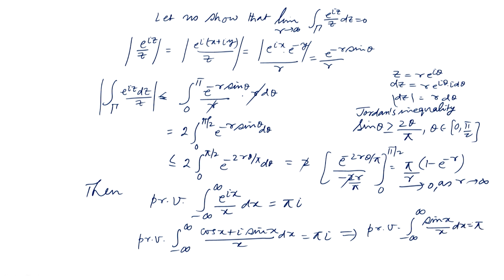Okay. Now, we know that the integral over minus infinity to infinity of sin x over x is a convergent integral. Therefore, the Cauchy principal value of the integral over minus infinity to infinity of sin x over x dx is the same as the integral over minus infinity to infinity of sin x over x dx.